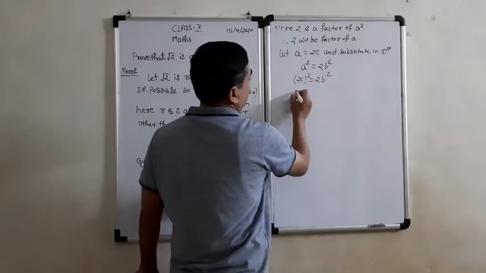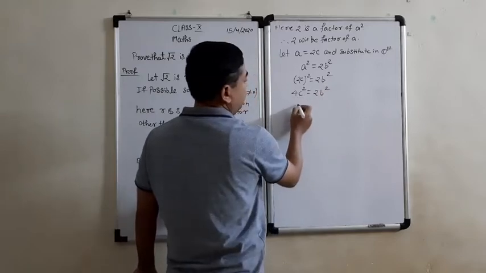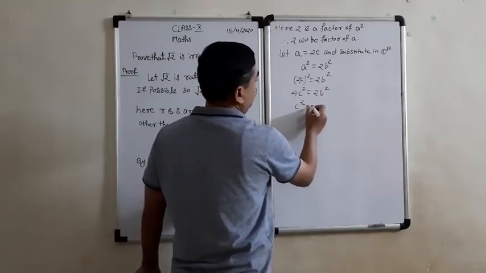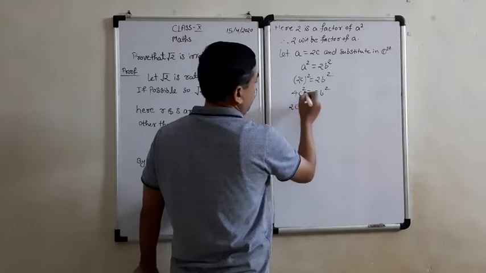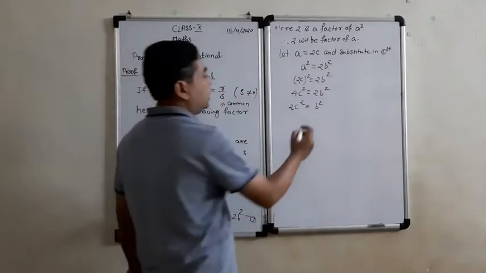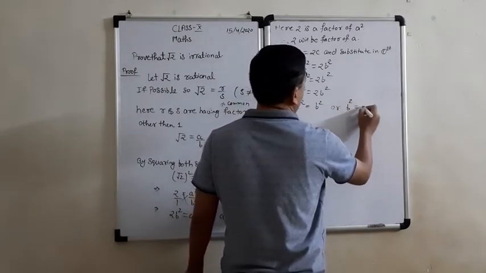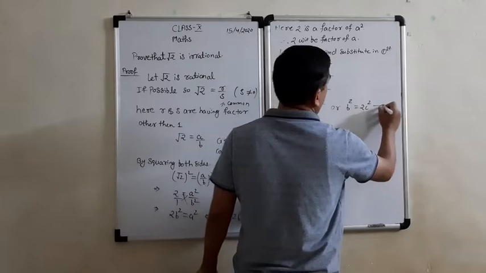So we can write 4c square is equal to 2b square. This can be written as 2c square is equal to b square, or b square is equal to 2c square. That is our statement number 2.